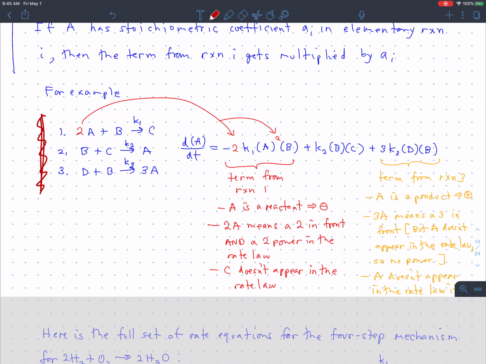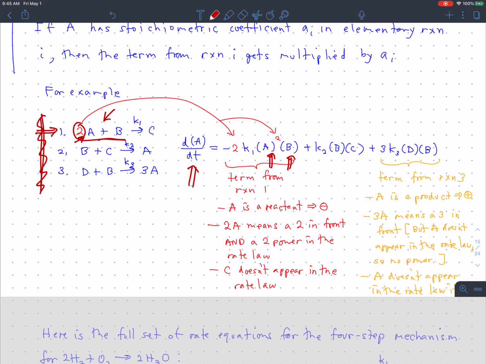What's the term? If I'm writing the rate of change for A here, A appears, so reaction number 1 is going to contribute. What's the rate law that's going to contribute for this case? Well, first of all, since it's a third order step, you're going to get an A squared, right? That's from this 2, and a B in the rate law for this elementary reaction.